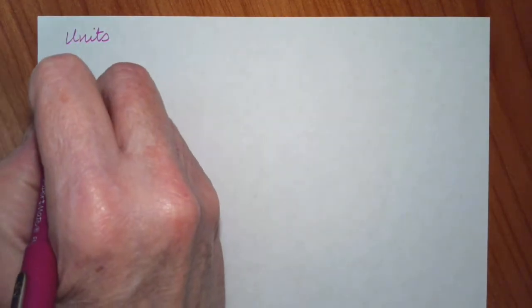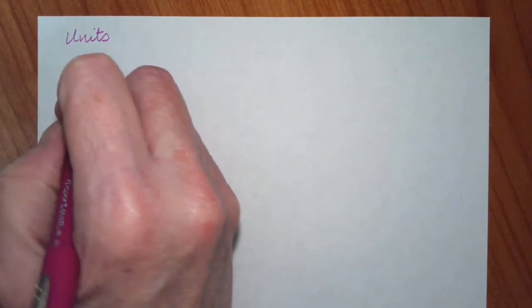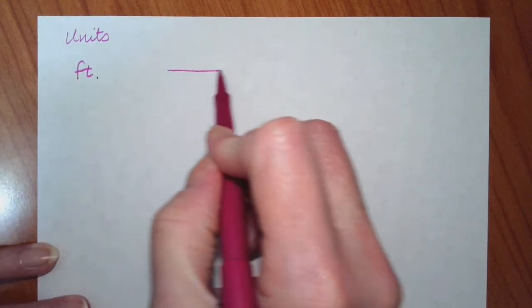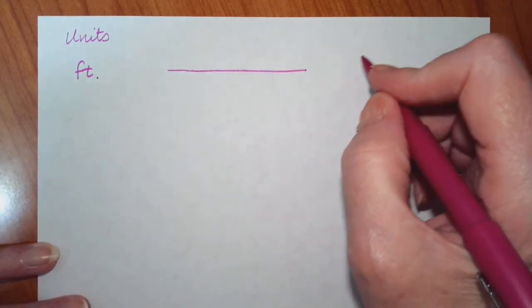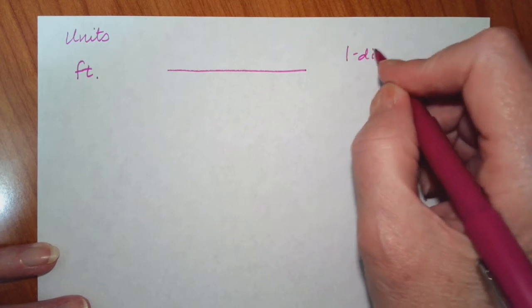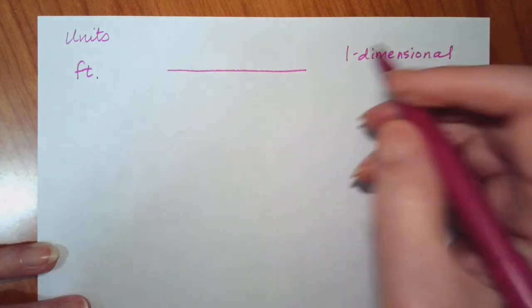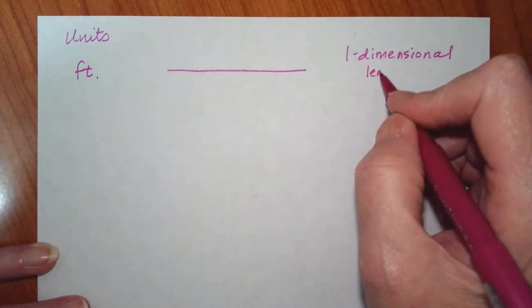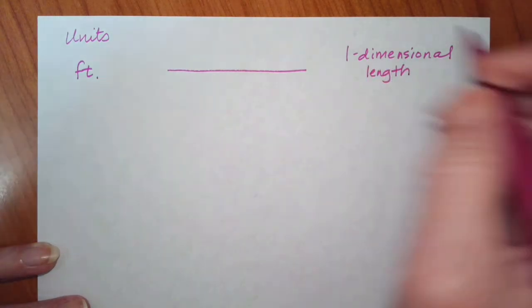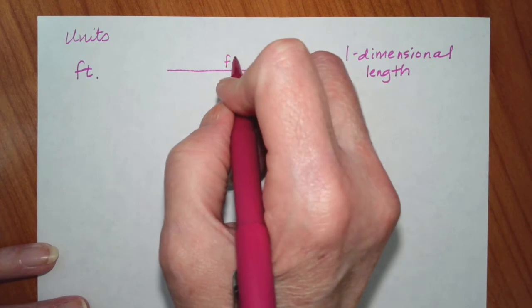If I have a measurement of feet, that is a one-dimensional measurement, and that is going to be a length. So like this would be feet.